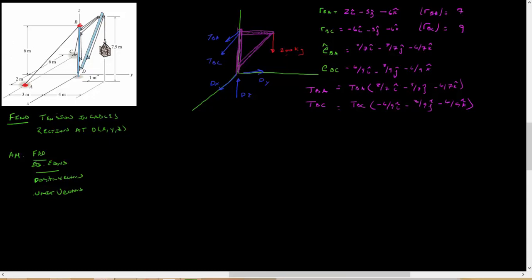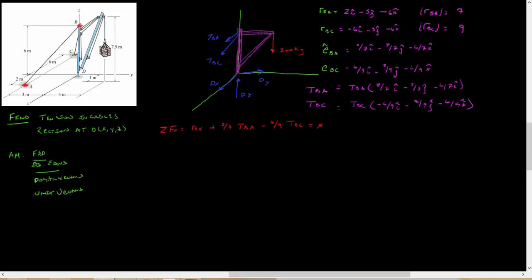So if I sum my forces in the x direction, I have Dx plus 2 over 7 TBA minus 6 over 9 TBC, and that's all equal to 0. So now we're looking at my free body diagram and looking at everything in the x direction.